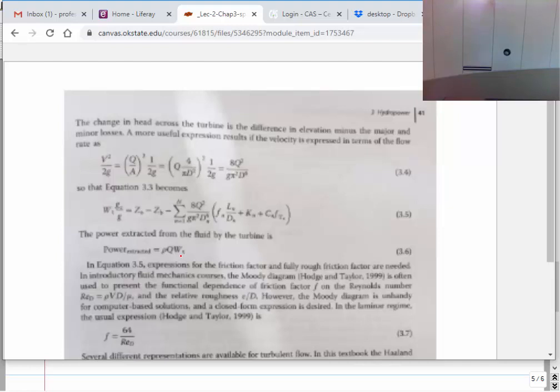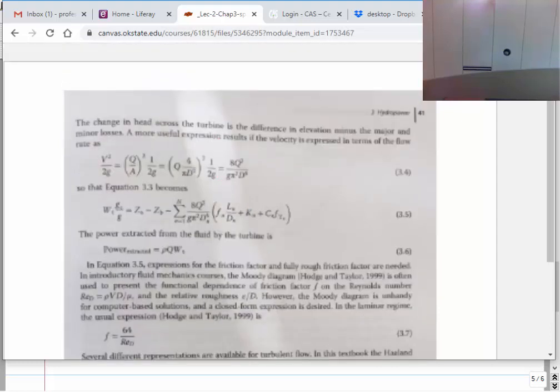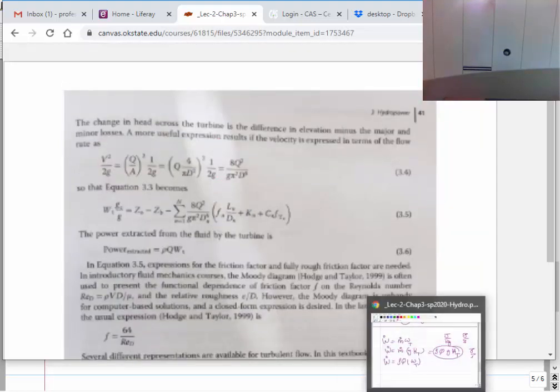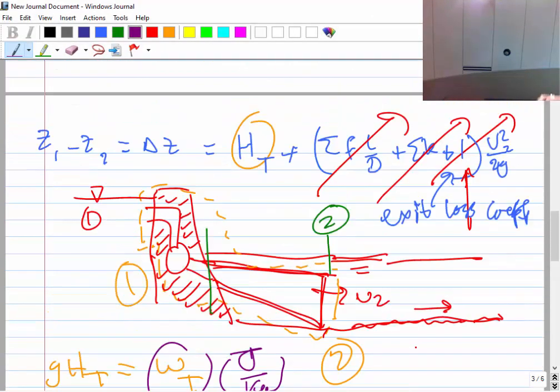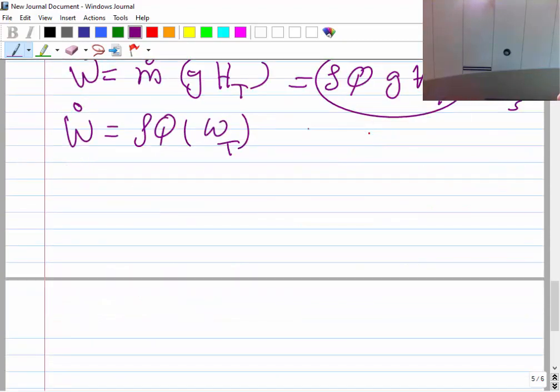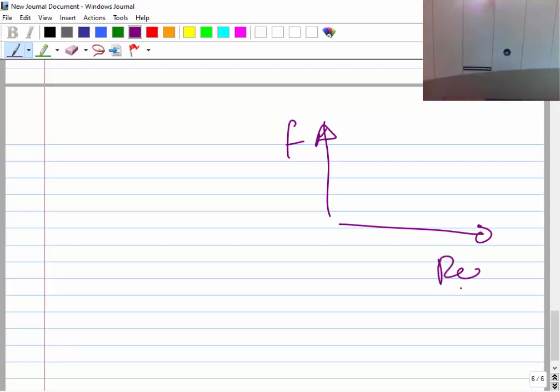And he's reminding us in the textbook about F, in case he didn't give us the F and we want to calculate the F in a pipe. How do we calculate the F for all those frictions? Where does F come from? Yeah, the Moody chart, right? There is this Moody chart that has the F on the y-axis, and it has the Reynolds number on the x-axis.